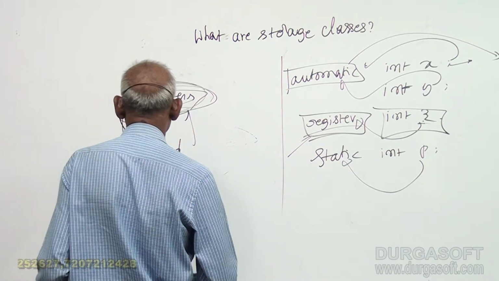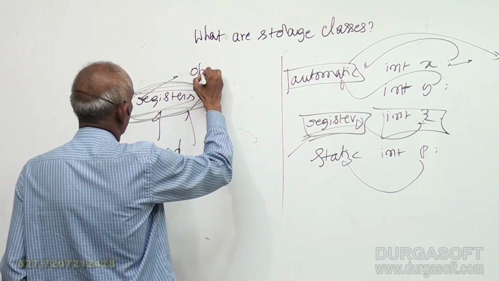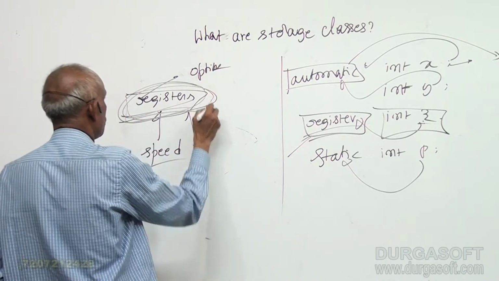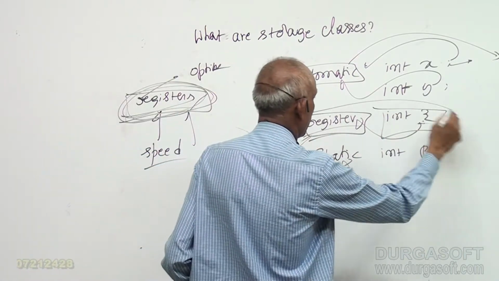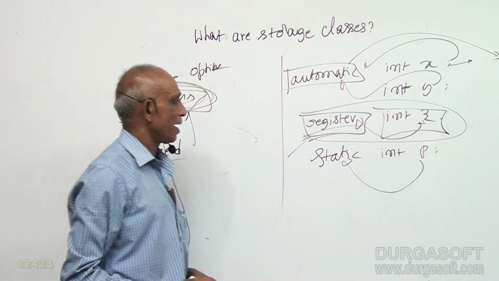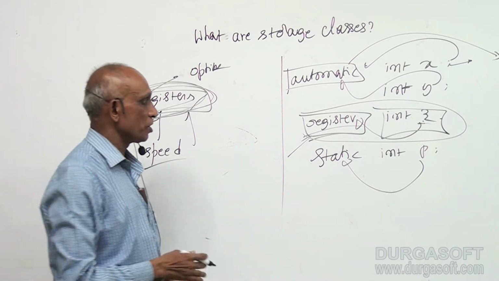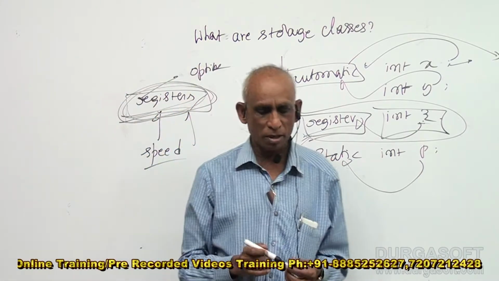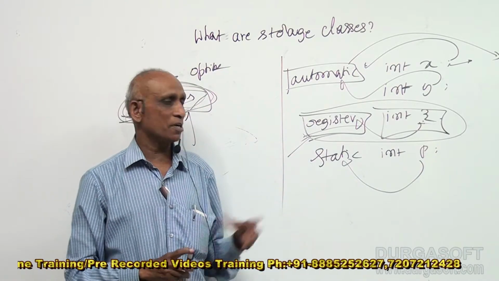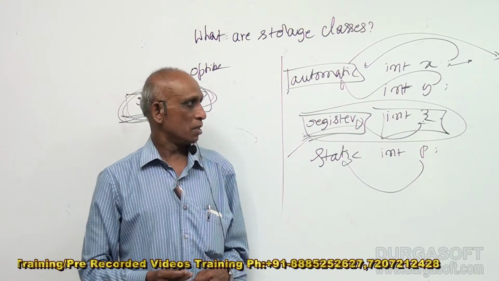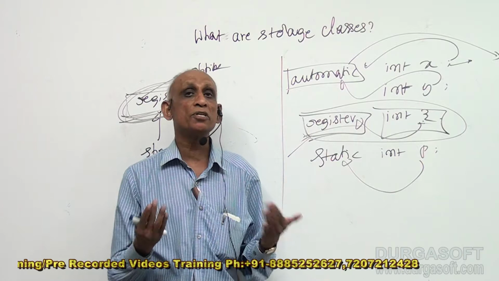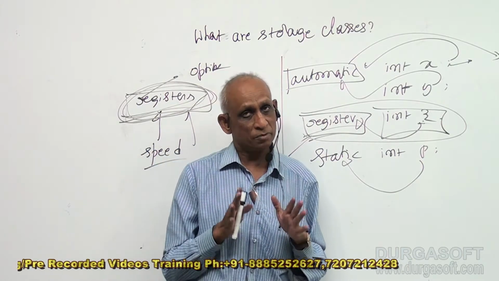Then register is also optional, not compulsory. Even if I declare int z as a register variable, that doesn't mean it will compulsorily become a register variable. The compiler may accept it or reject it. Suppose there are too many register variables; CPU registers are limited, a specified number of registers.